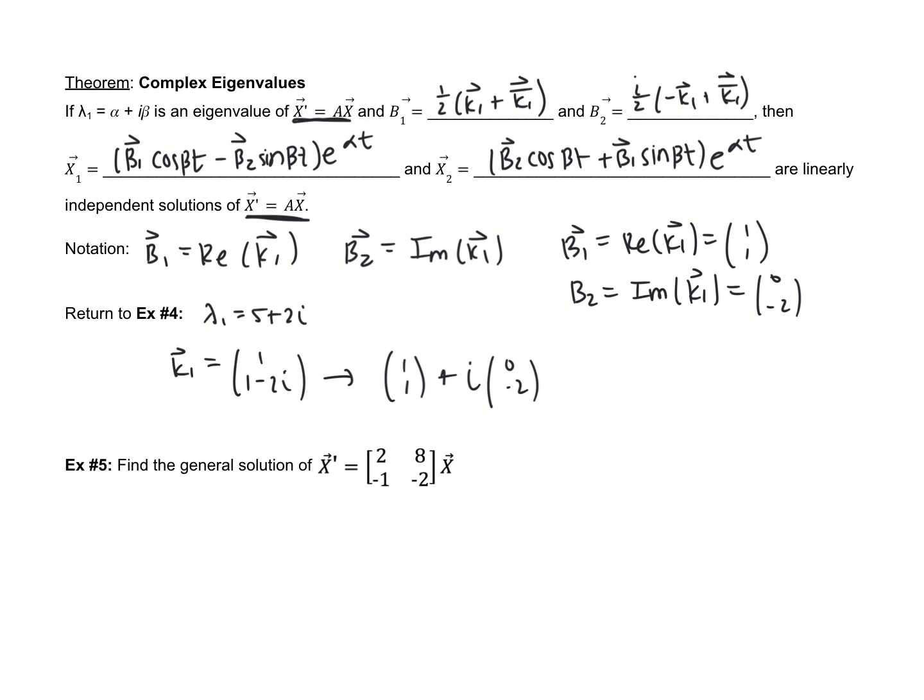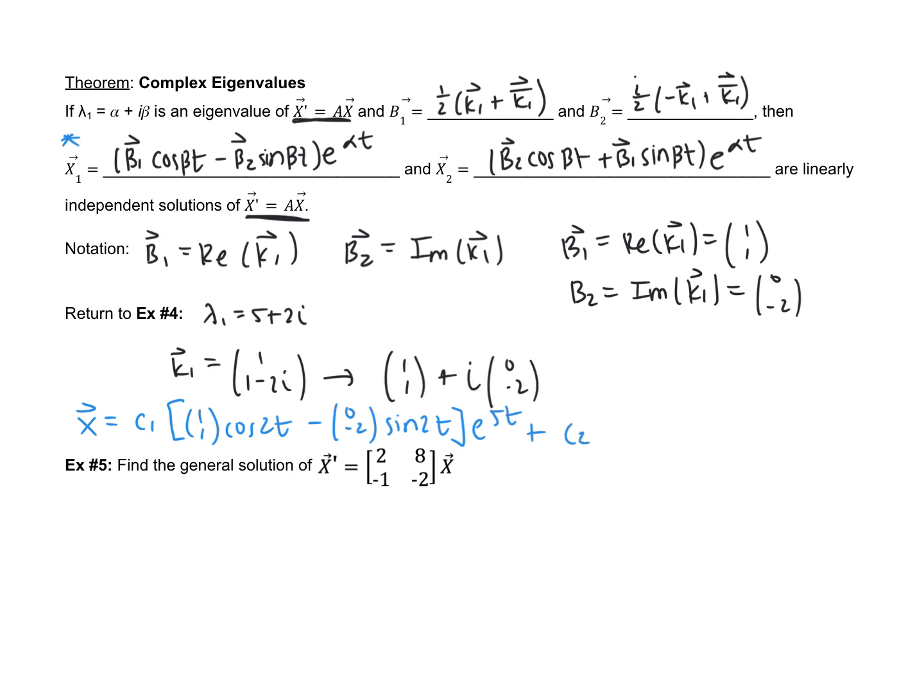So what that leads us to is that our general solution x is going to be C1 times (1, 1) cosine of 2t subtract (0, negative 2) sine of 2t, times e to the 5t.